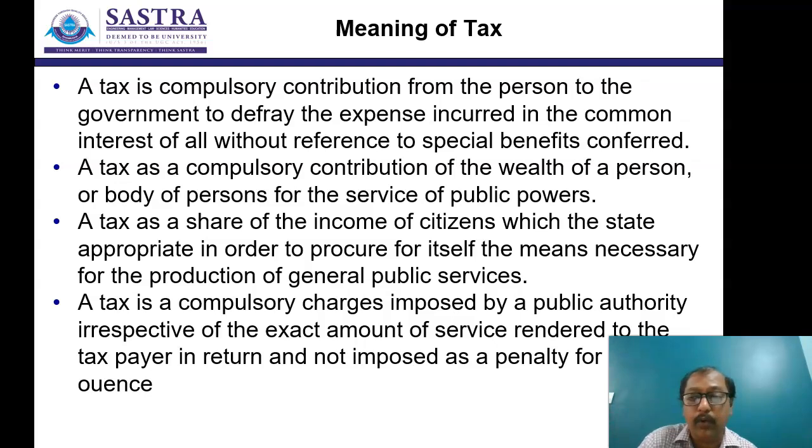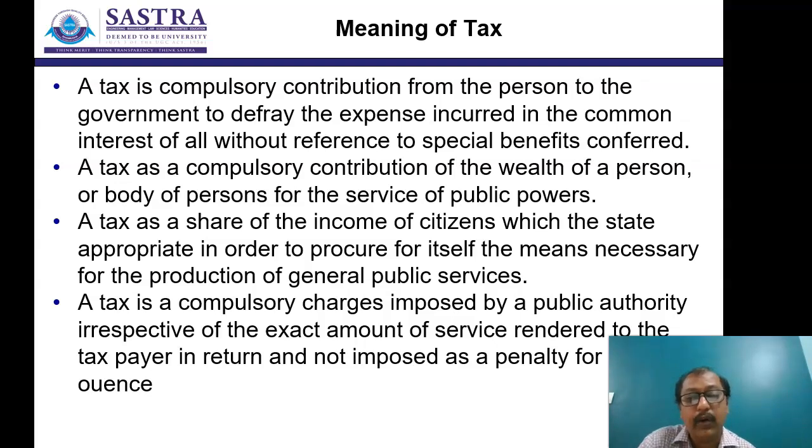So for meeting the common expenses, basically for development of infrastructure, for development of telecommunications, roadways, railways, for administration, for running the government, they need money, and this is going to be collected as contribution from the public of the wealth of a person or by the body of persons.